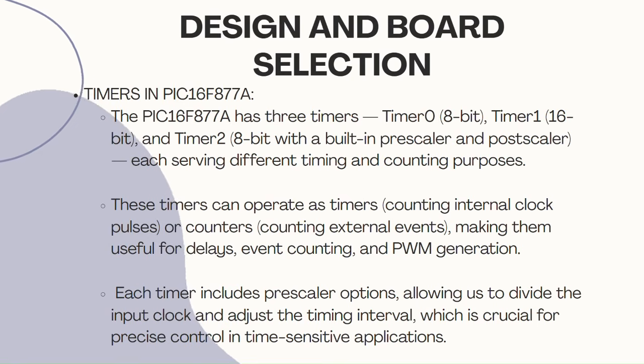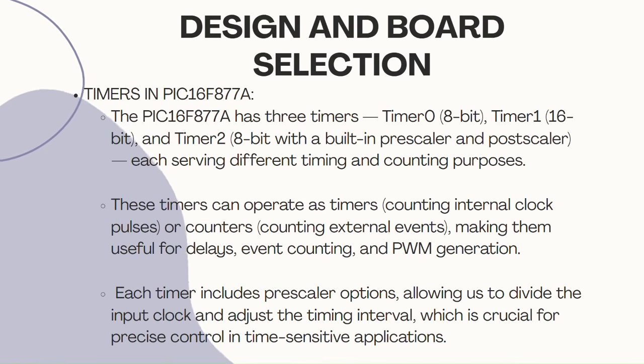Let's look at the peripherals that are available in this microcontroller. It has three timers: Timer 0, which is an 8-bit timer; Timer 1, which is a 16-bit timer; and Timer 2, which is an 8-bit timer with a built-in prescaler and postscaler, each serving different timing and counting purposes.